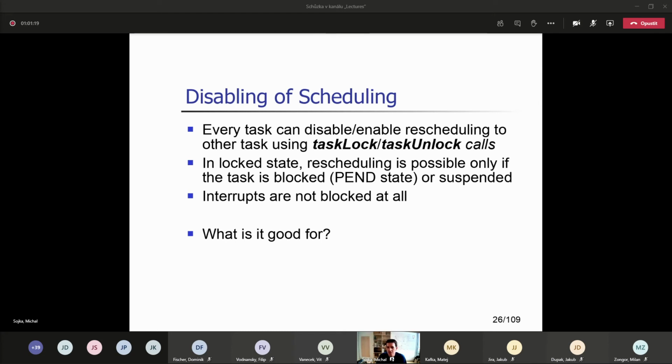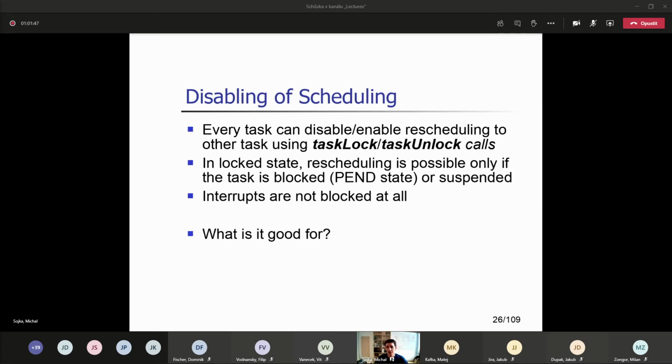Because if the scheduler would not be run even in this case, whenever the task would call, for example, wait for keyboard, network, whatever, this would mean that no other task would be able to continue, and this would lead to system deadlock. So in this case, the scheduler is invoked. Also, it's important to understand that interrupts are not blocked at all in this case.